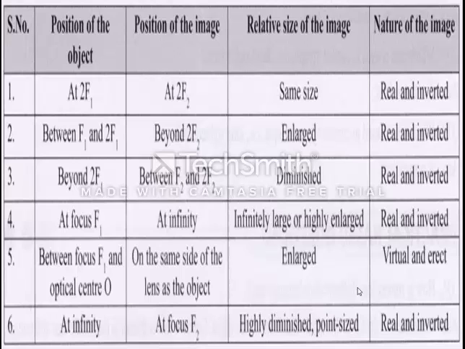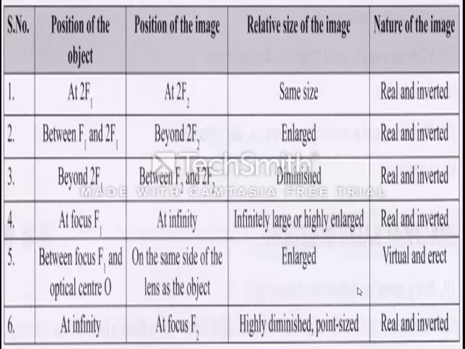But in the case of a converging mirror or converging lens, converging mirror means concave mirror, converging lens means convex lens, we have seen that the image formed is real also and virtual also. So if the image formed is virtual, how can you identify whether the lens is concave or convex?